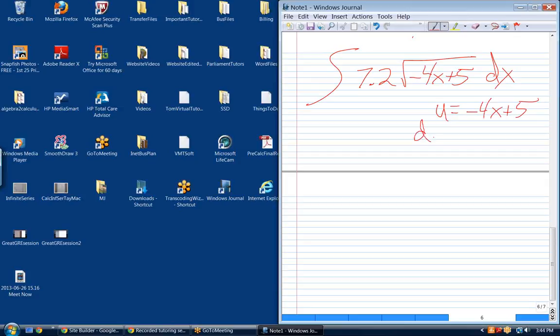So what is du dx equal to? Just 4? Negative 4. Which makes du equal to negative 4 dx.